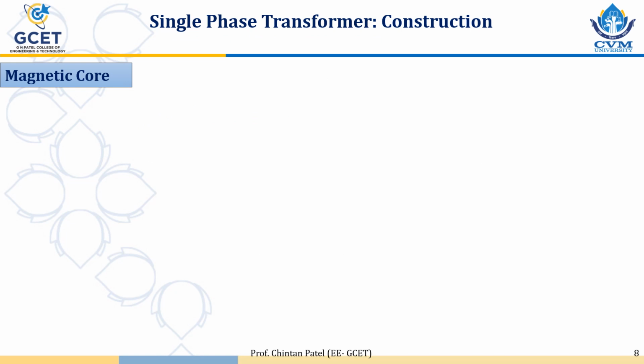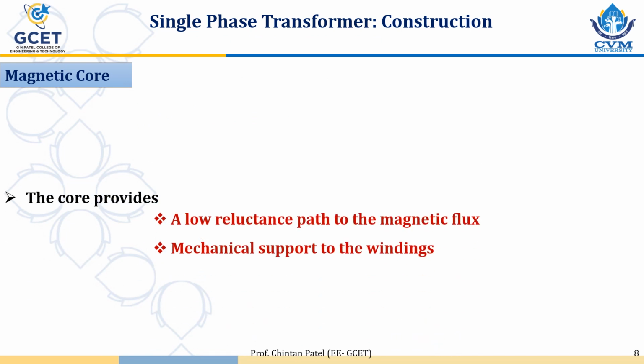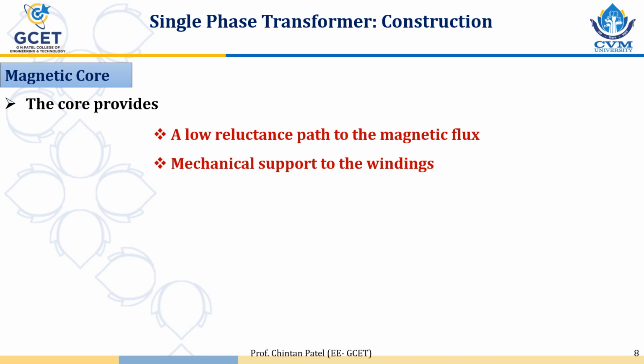Let's see the magnetic core in a little bit of detail. As I said earlier, the magnetic core provides a low reluctance path to magnetic flux. So when we apply current to the primary, flux is produced and the core will provide a low reluctance path to the magnetic flux from primary to secondary so that maximum flux linkage can occur, and it also provides mechanical support to the winding.